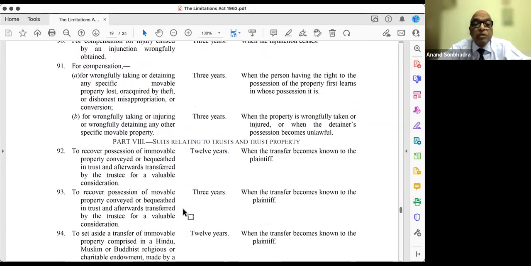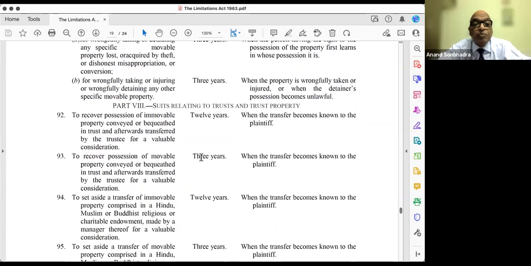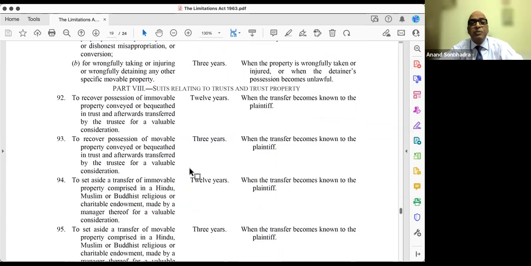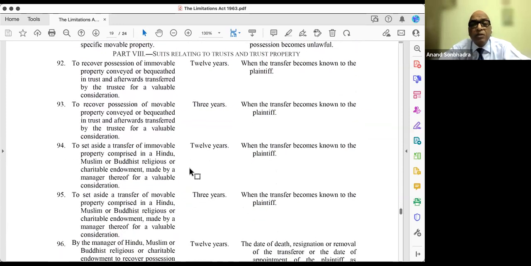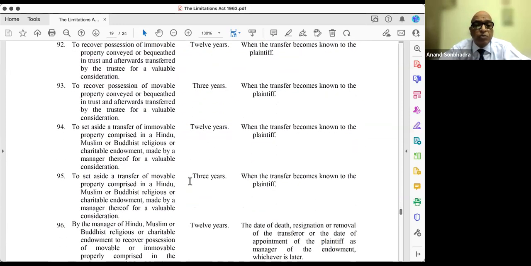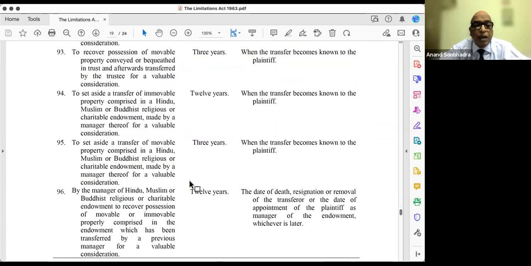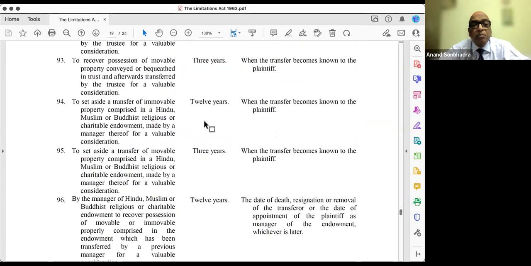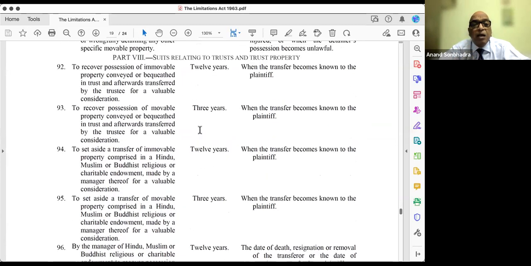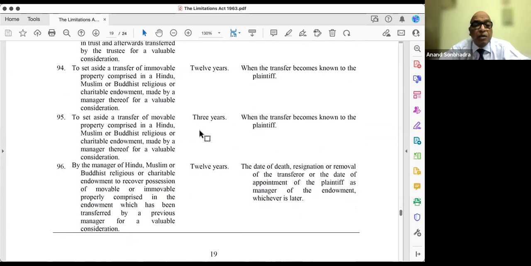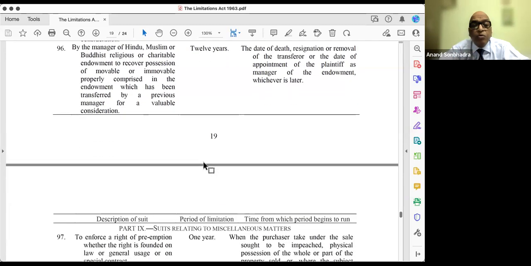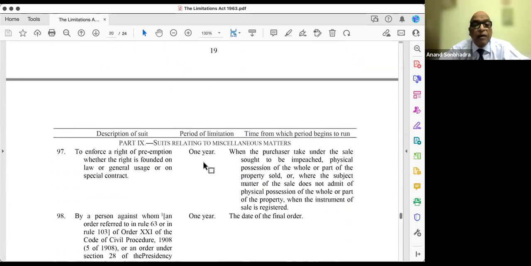Part 8 deals with suits relating to trust and trust properties. And normally, from experience, we would know trust and trust property deals with mostly immovable assets. However, contextually, it may be different, but endowments, etc., barring that, you will see that the 12-year period related to immovable property is covered here.